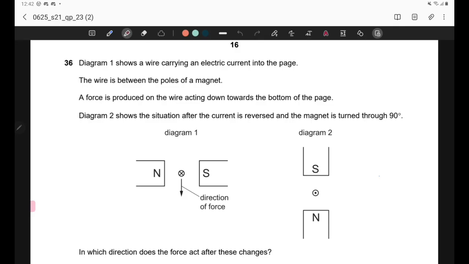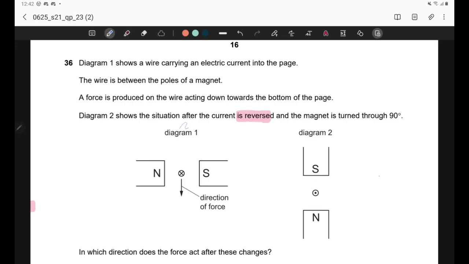Question 36. Diagram 1 shows a wire carrying an electric current into the page. The wire is between the poles of a magnet. A force is produced on the wire acting downwards, towards the bottom of the page. Diagram 2 shows the situation after the current is reversed and the magnet is turned through 90 degrees.